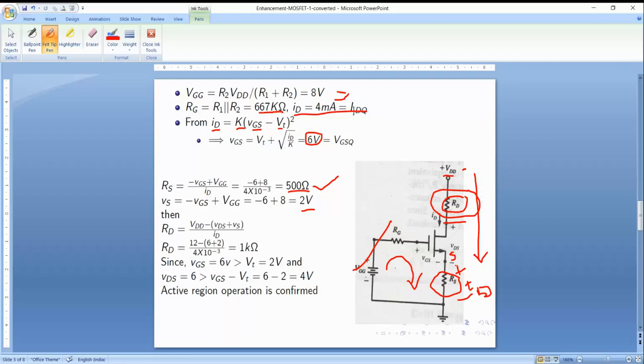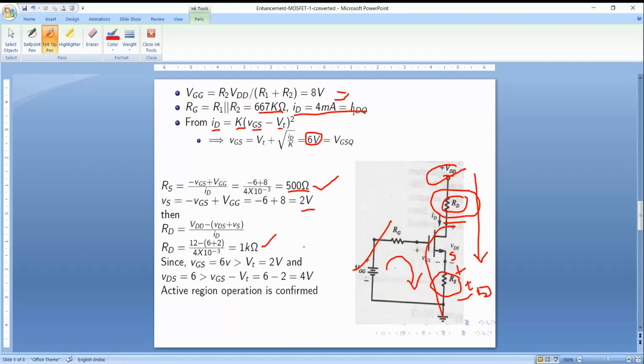It is VDS plus VS. So the current flowing through RD is VDD minus (VDS plus VS) divided by RD. So RD is equal to VDD minus this entire voltage, that is VDS plus VS, divided by ID. You'll get RD is equal to 1 kilo ohm.